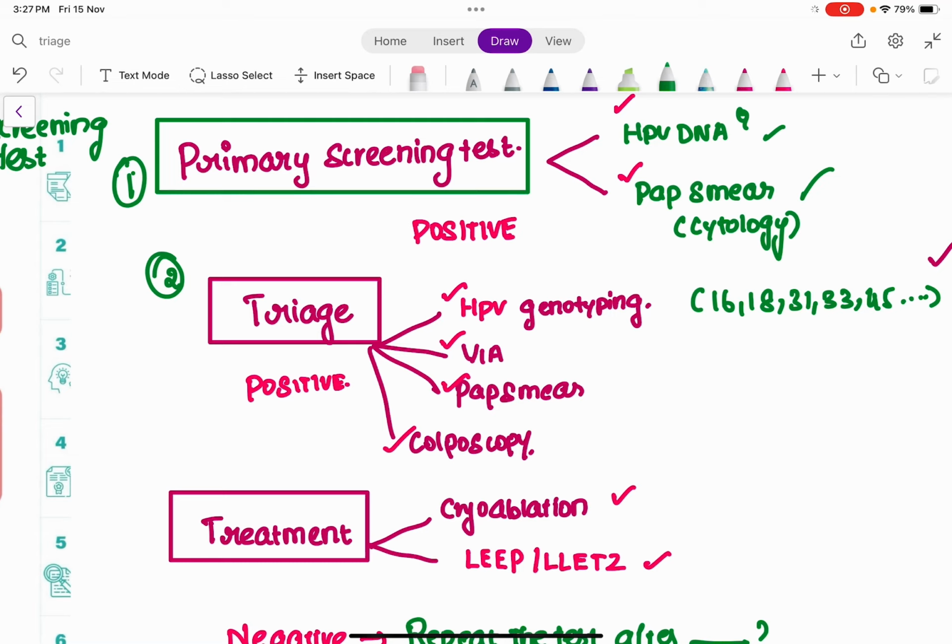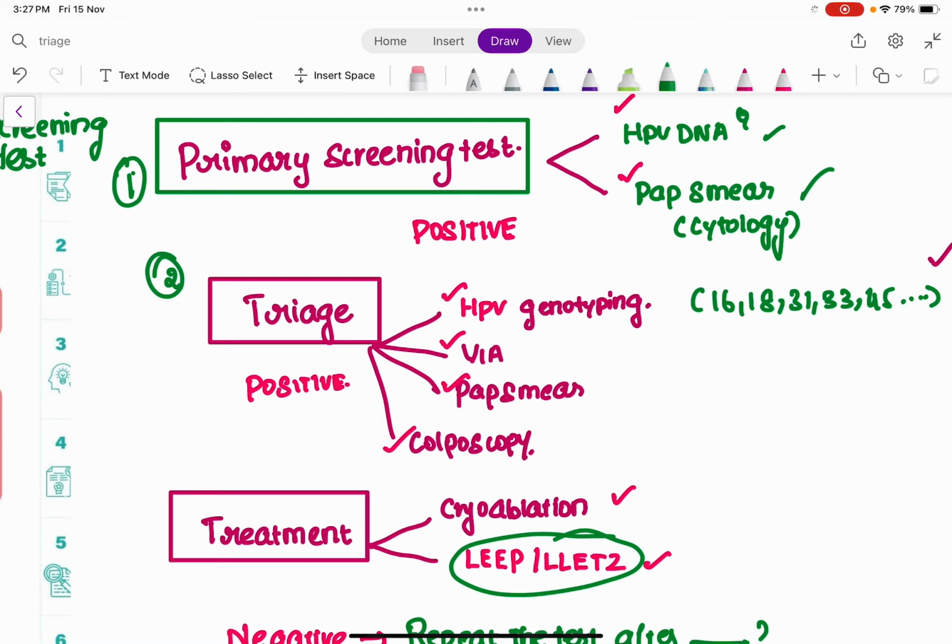And based on the report of the primary screening test and the triage test, we are going to decide upon the treatment. The treatment, which we know, is cryoablation and the excisional procedures, such as the large loop excision of the transformation zone or loop electrosurgical excisional procedure. Is that clear? Okay.